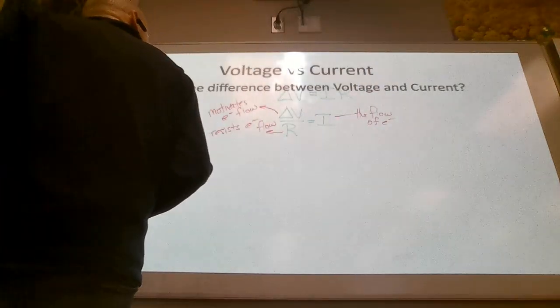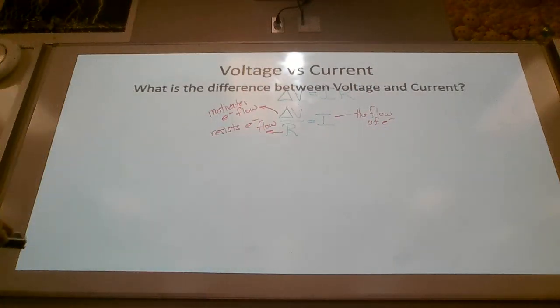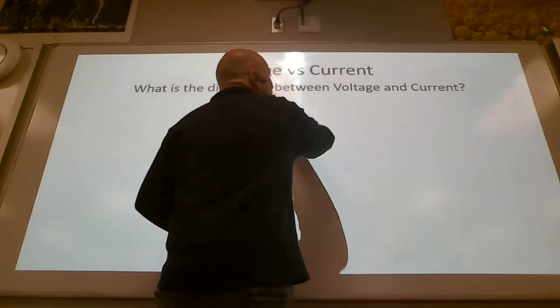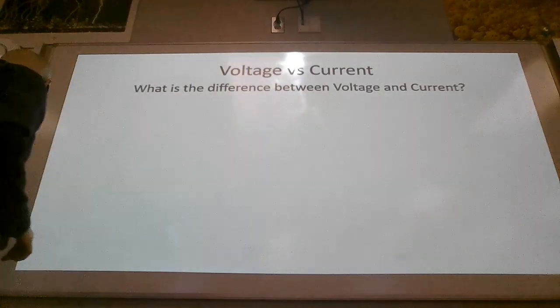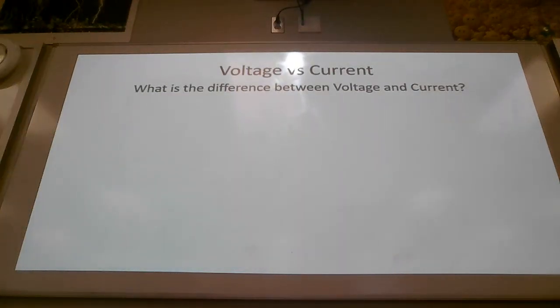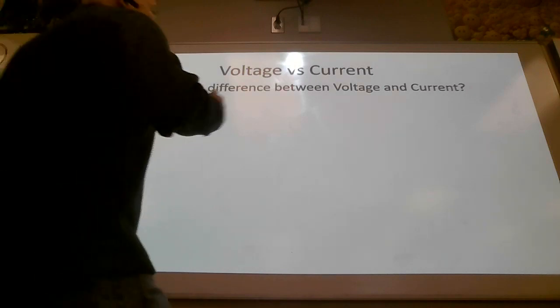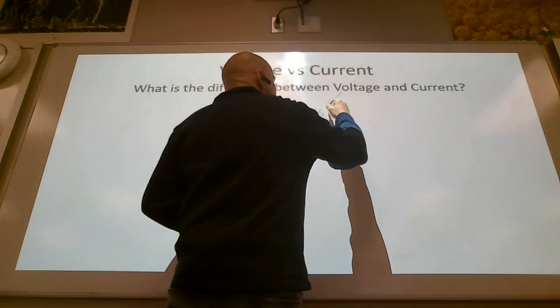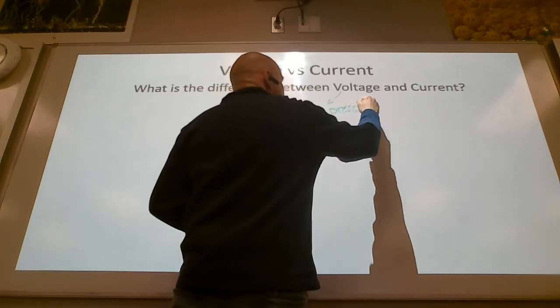The difference between current and voltage. Because we use voltage in life, you've heard of it outside of science class, you usually have some wrong ideas. So voltage is the push, like a pressure difference.